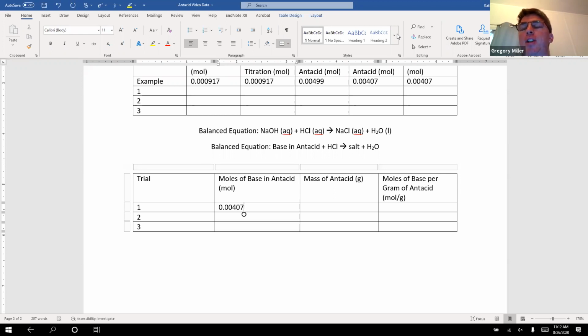So going all the way back to density and independent and dependent properties. Moles is an amount. So as you have more of it, you will have more moles. But if we divide our moles by the mass of our antacid, we will get a ratio that should be pretty constant across all of our antacids.